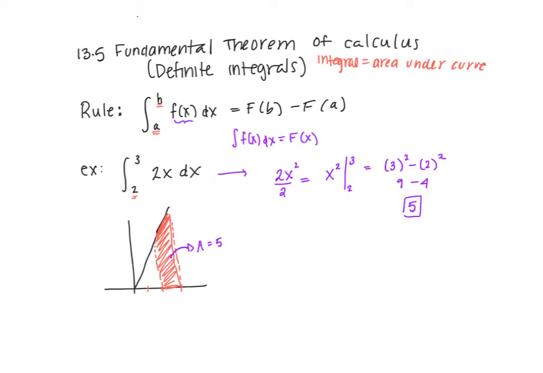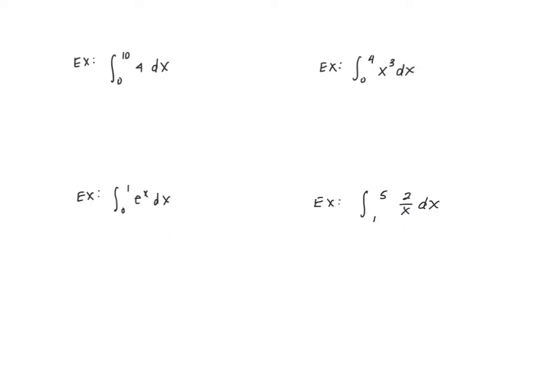Let's take a look at some more examples. The next one is the integral of 4 from 0 to 10. So we know that the integral of 4 is just 4x. We're going to evaluate it from 0 to 10. So notice how definite integrals no longer have plus c.